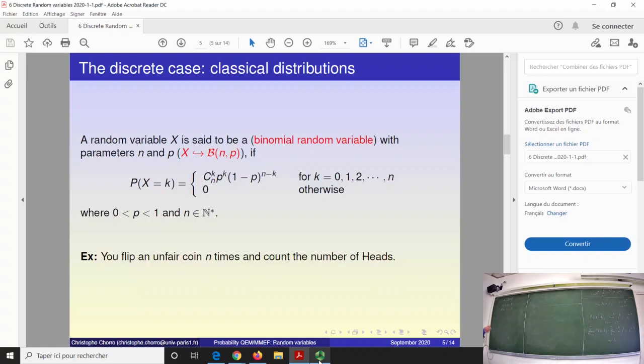And if I take n equal to 1, I see that the Bernoulli of parameter p is equal to a binomial of parameters 1 and p. So this is a kind of generalization of what I have in mind.